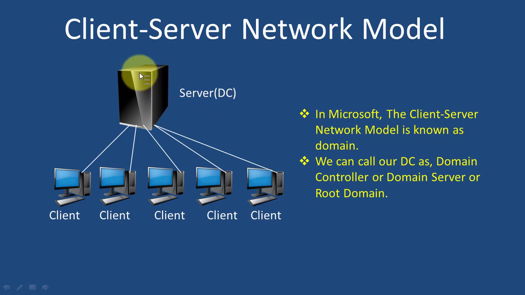In a client-server network model, the server is known by the name DC, or domain controller, or domain server, or root domain. We can call our server by any of these names. On the client side, we will call them client machines, domain members, or domain computers.